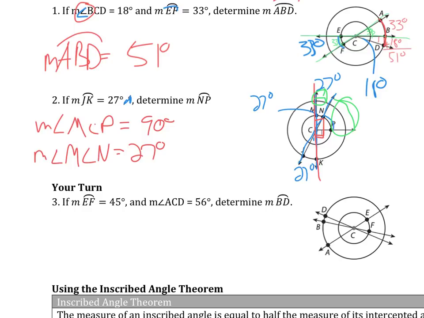So to get the missing part here, we have the whole, which is 90 minus 27 equals our missing portion there. And so that gives us 63 degrees. So the measure of arc NP is 63 degrees. All right, so go ahead and try number 3 on your own there.